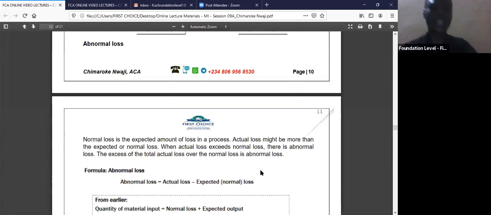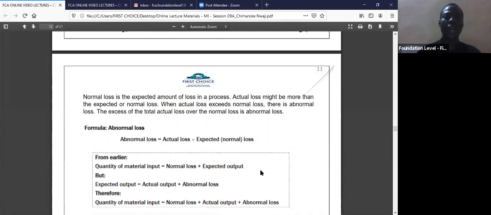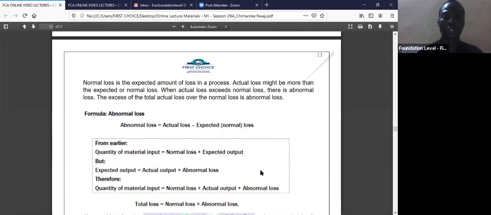We now went ahead to talk about abnormal loss. Abnormal loss happens to be a loss that you do not expect. And so because you do not expect it, you did not plan for it.